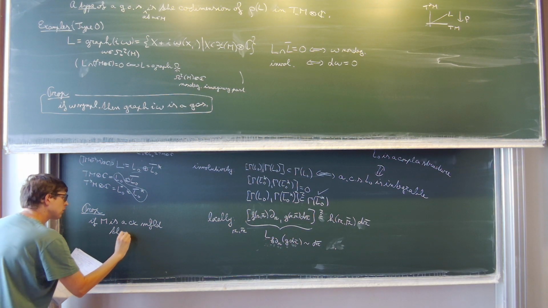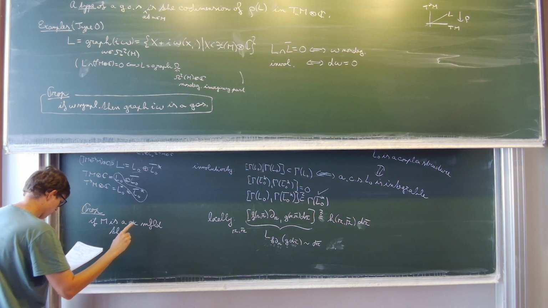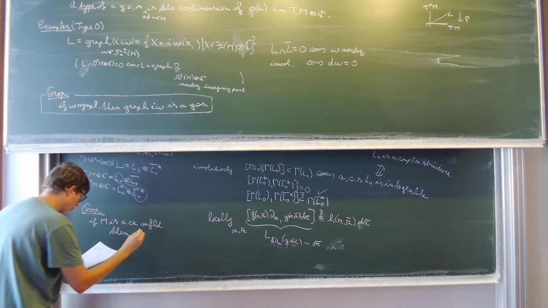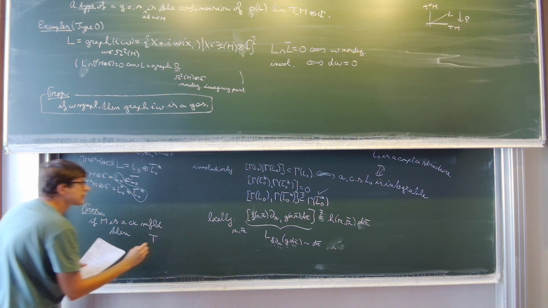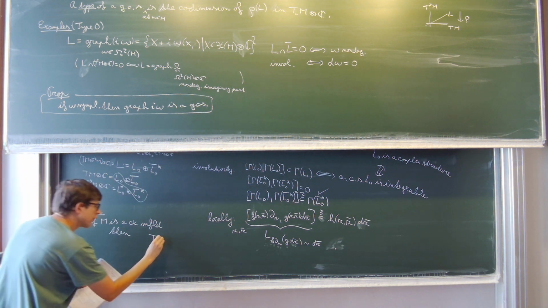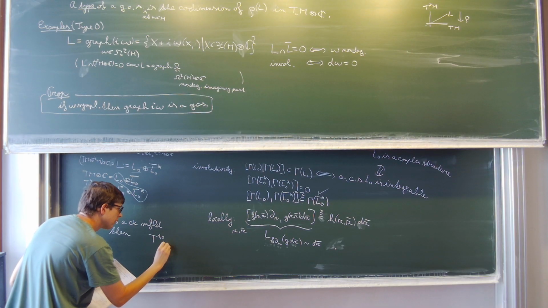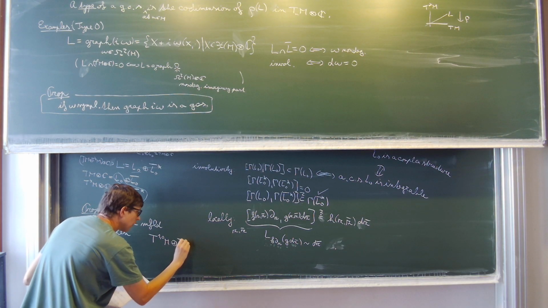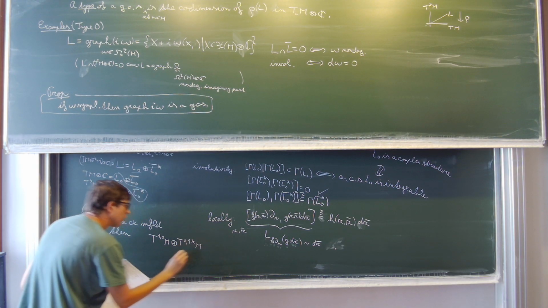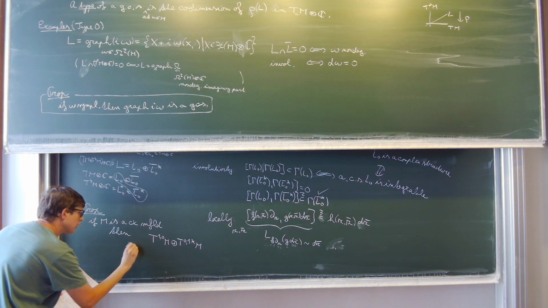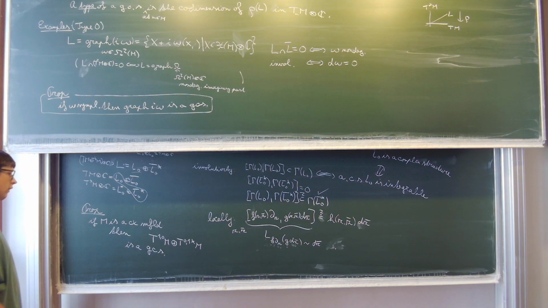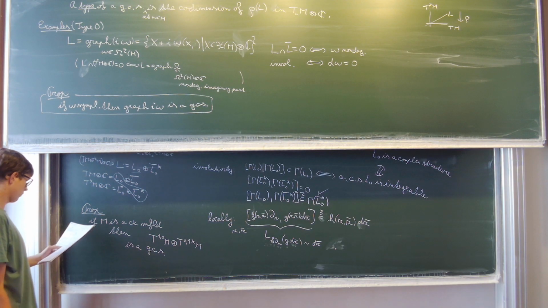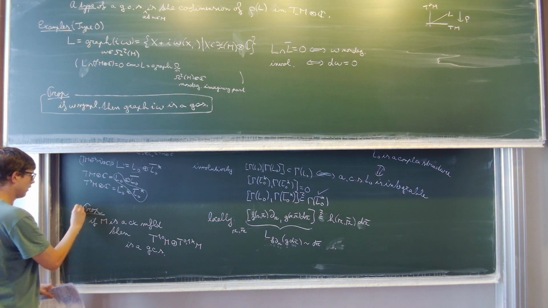Then this thing, which incidentally before we just called this L0 for the case of complex manifold, that was precisely this T10. Then this thing is a generalized complex structure.